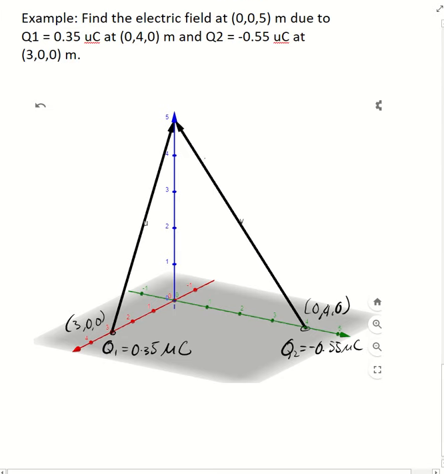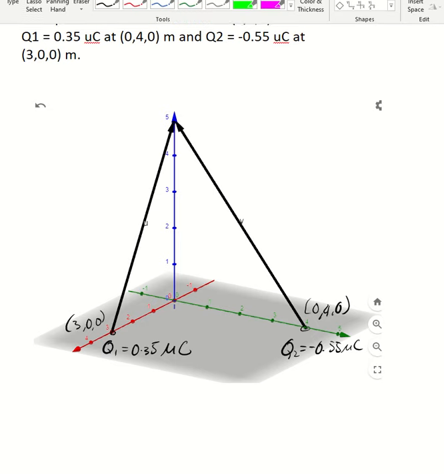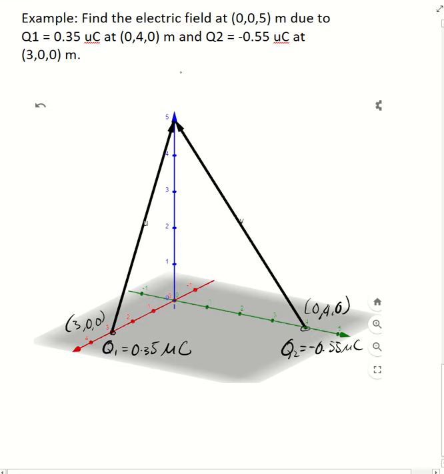So at this point, (0,0,5), we need to determine the electric field. So what are the effects? To solve for the electric field, just like the force before, we can apply the superposition theorem. We need to determine the effects of each charge, then after that, we just need to add them.